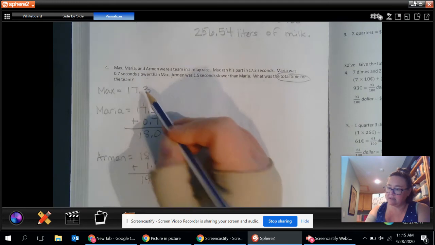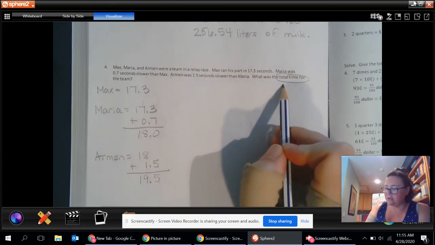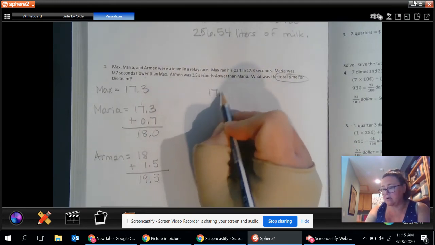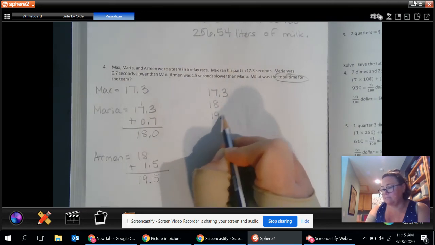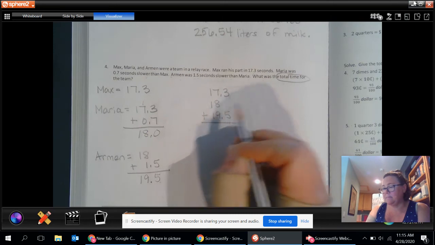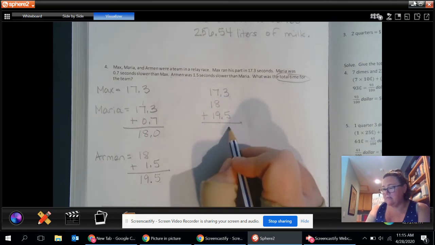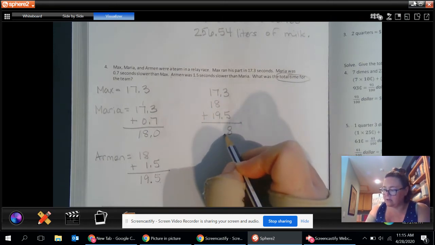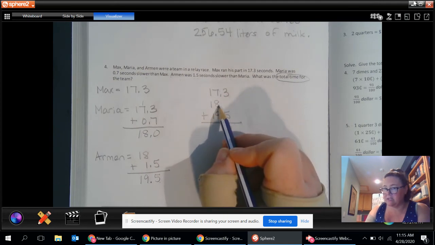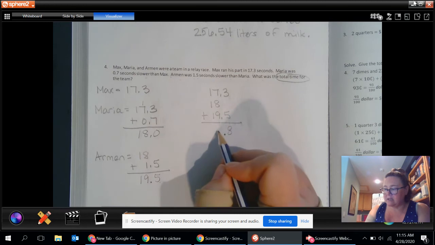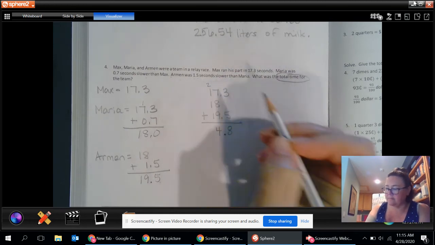So now we have Max, Maria, and Armin, but we need the total for the team. So we're going to take all 3 of their times and add them up. 3 and 5 makes 8, our decimal. 7 and 8 is 15. 15 plus 9 is 24.